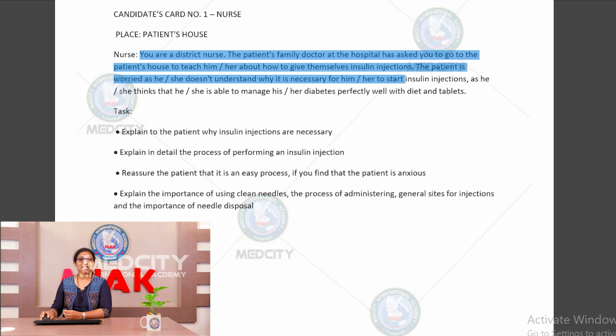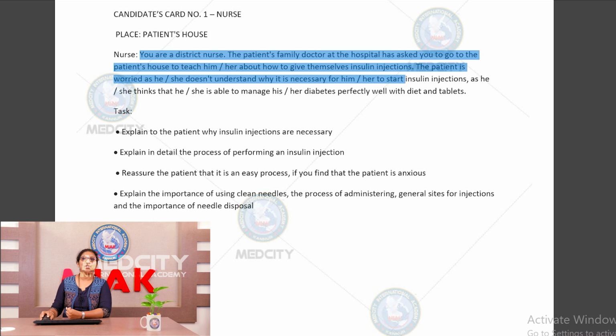This clearly means I'm here to demonstrate or show my patient, to guide my patient and to empower my patient on using insulin injections. And I am a district nurse. So I am visiting my patient at his or her house.